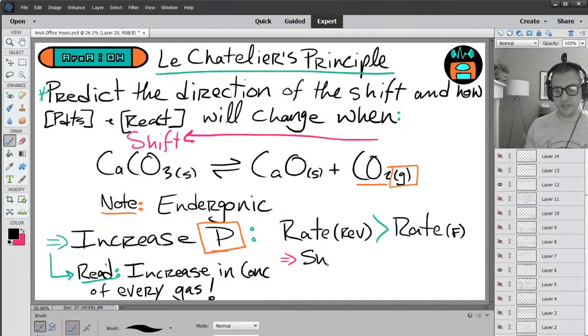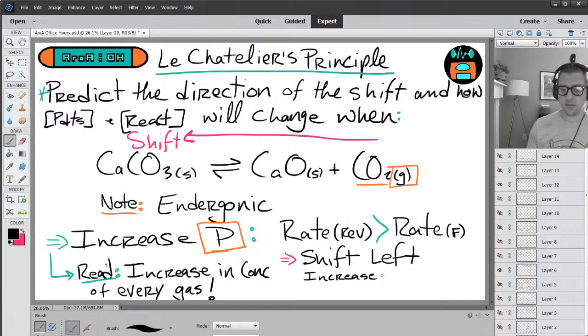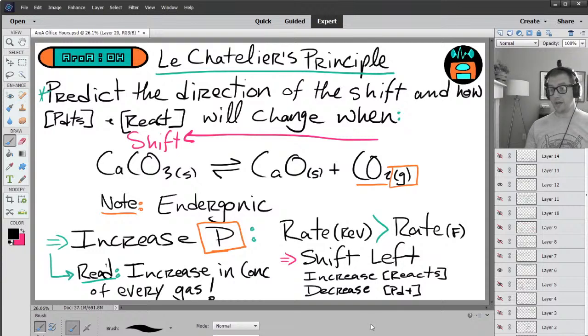So we see a shift left, which means that we're going to experience an increase in the concentration of reactants and a decrease in the concentration of products.